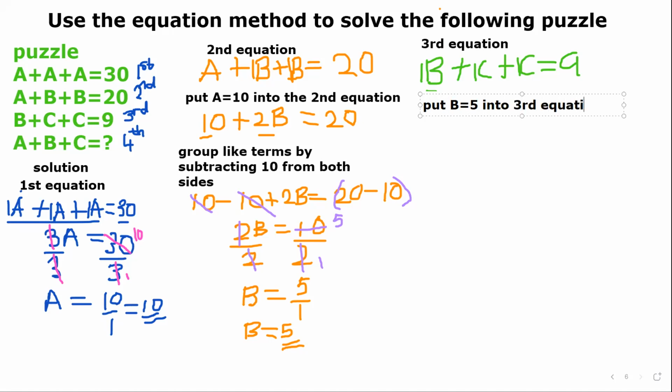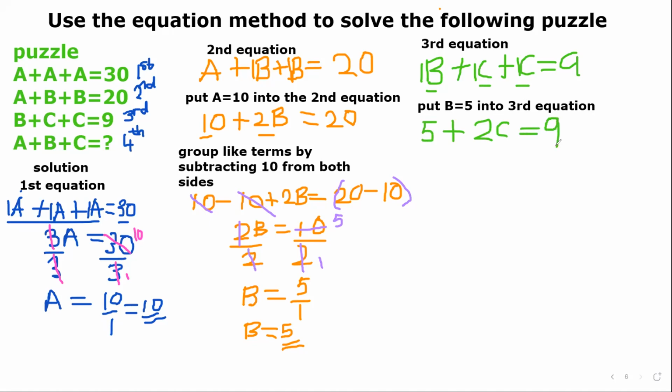Okay, good. Which means that we are going to use 5 to replace the B. So let's solve it. Now we have the 5 plus the 2C. 1C plus 1C will give you 2C. That is 2C equal to 9.